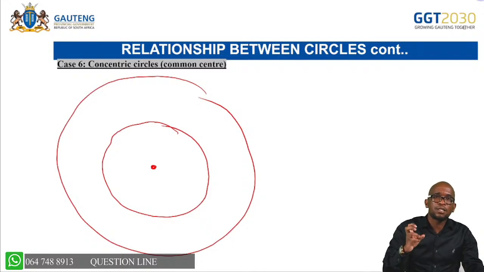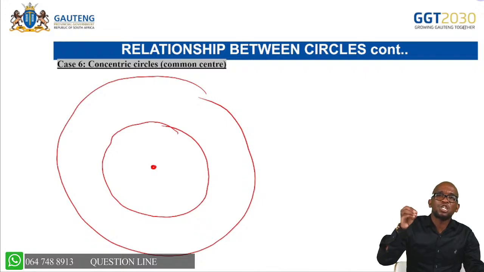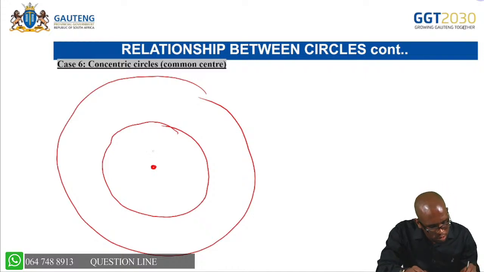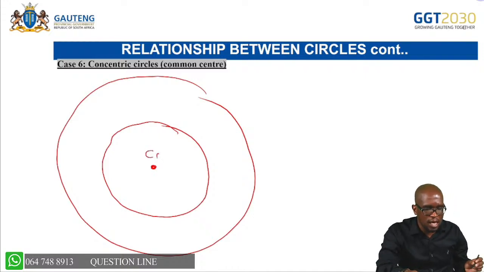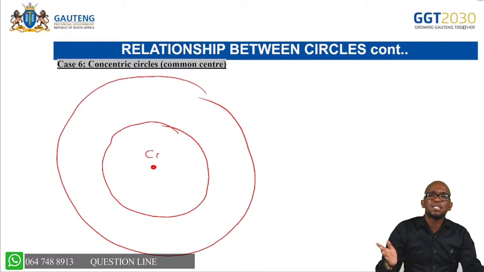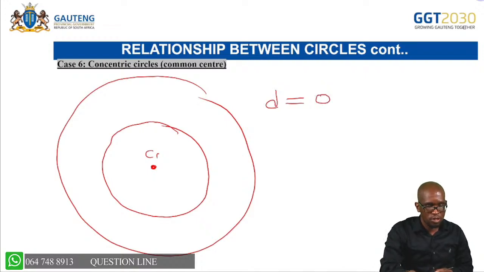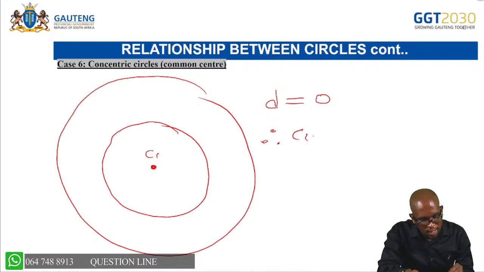If two or more circles are concentric, then they share a common center, or they have the same center. So if C1 and C2 are the same, you cannot determine the distance d, or if you work it out, you find that d is equal to 0. Therefore, the circles are concentric.